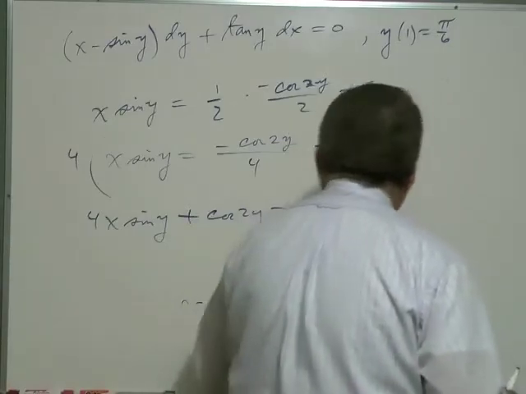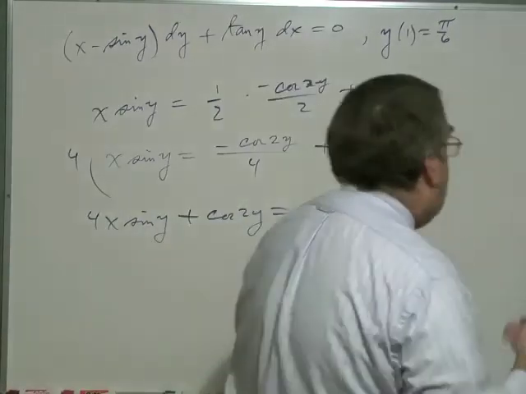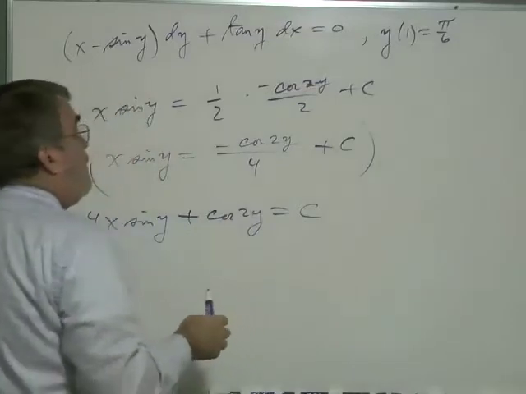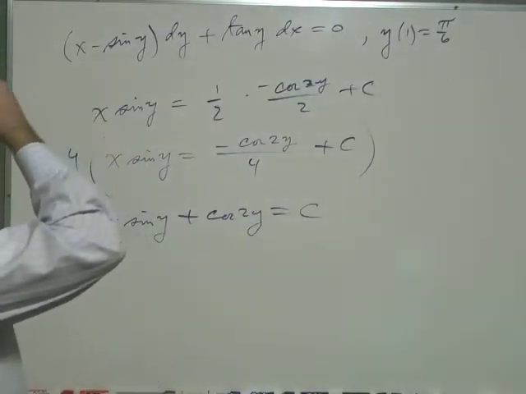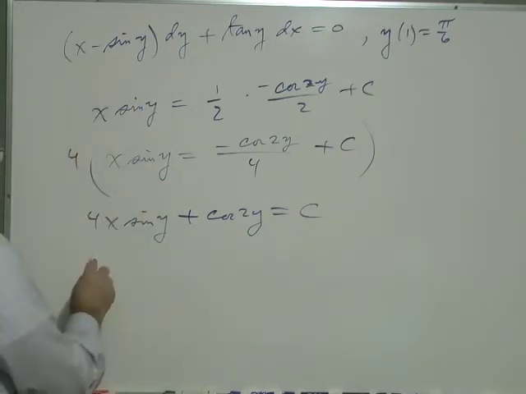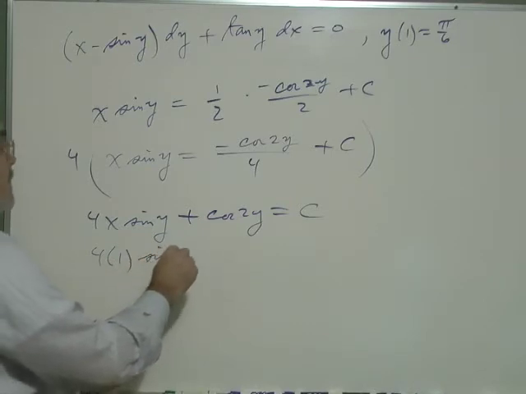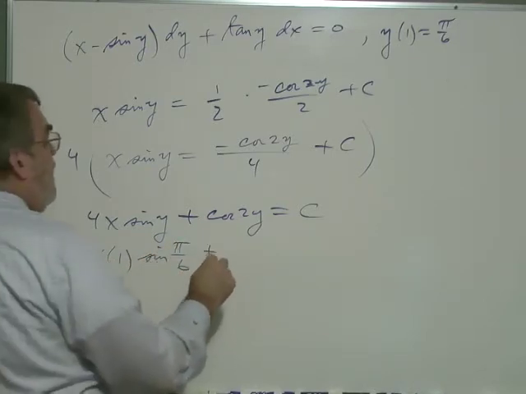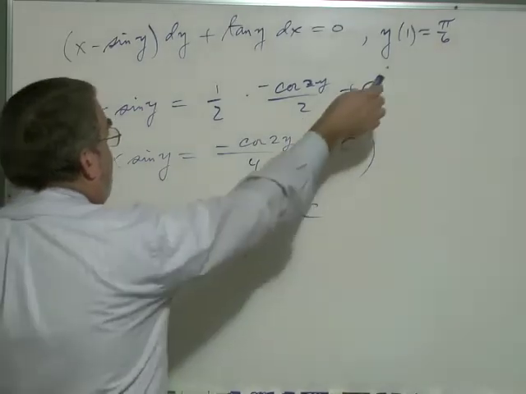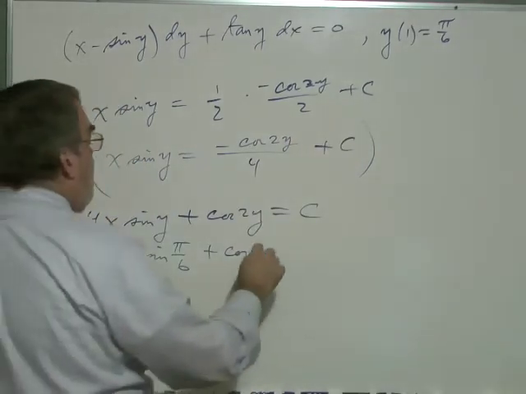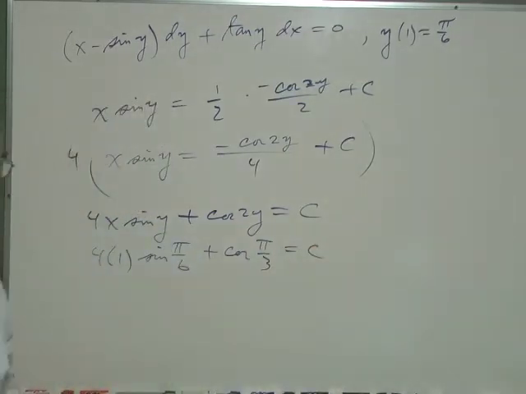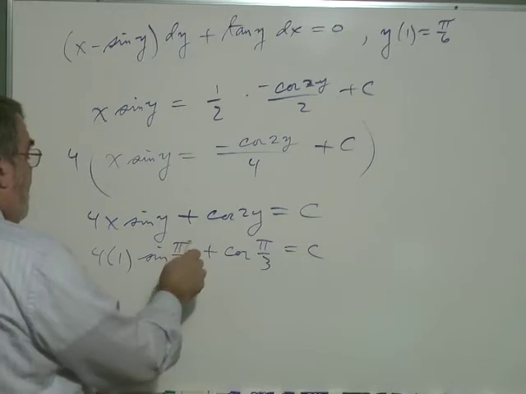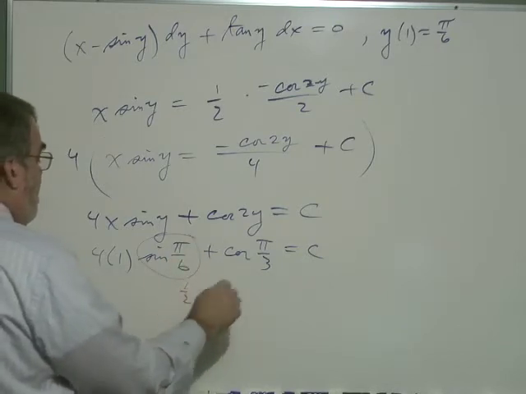But the particular solution with this initial condition says that when x equals 1, then y equals pi over 6. So I'll plug those numbers in. 4 times 1 times sine pi over 6 plus cosine of 2 times pi over 6, which is pi over 3. Cosine pi over 3 equals a constant. The sine of pi over 6 is 1/2.